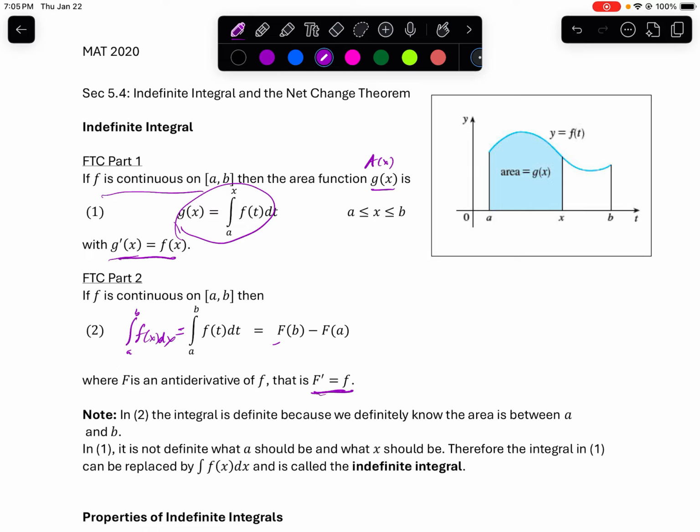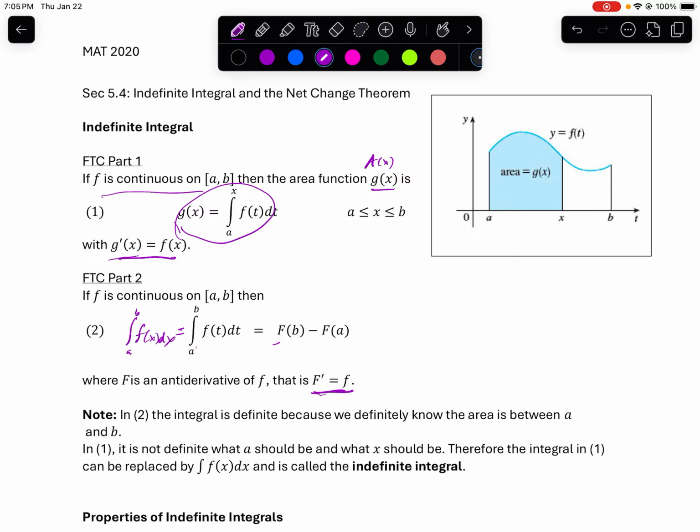But in this second integral, it's definite. We call it a definite integral, and the reason is because we definitely know the area is between a and b. You like concrete, we know what a is, and we know where b is.